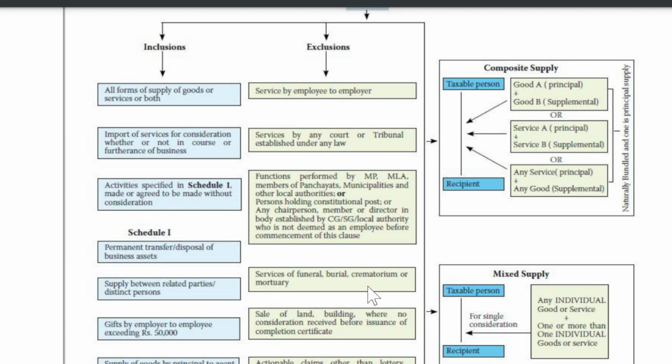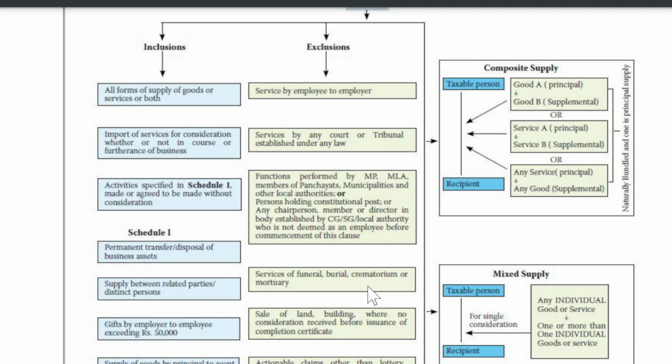Supply between related parties or distinct persons. I want to make you understand what is meant by distinct person. For example, if X Limited is a company and it has a PAN number, each company will have its own PAN number, and it can be present all over India, but it has to take registration in each state.